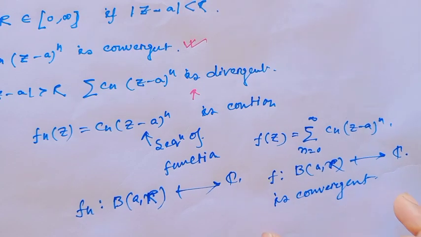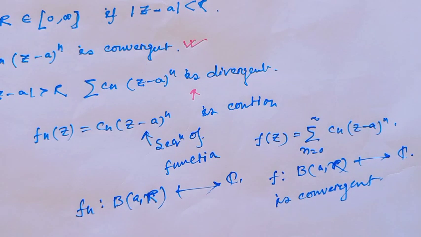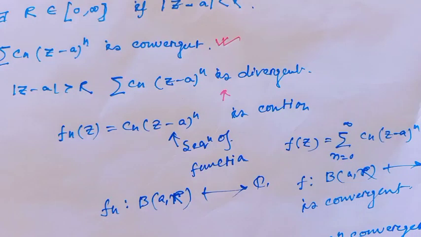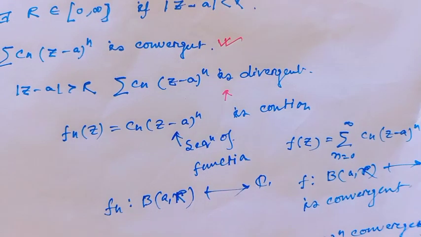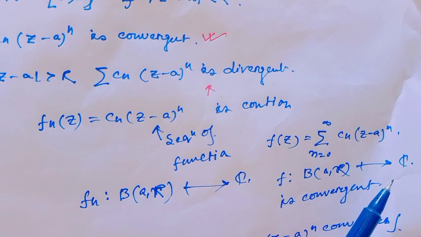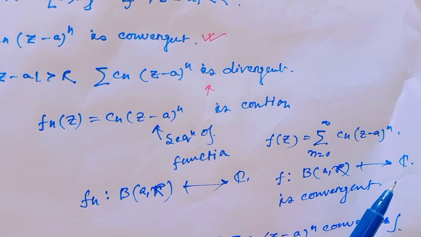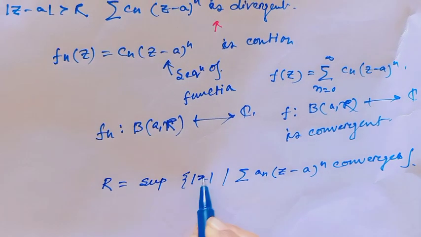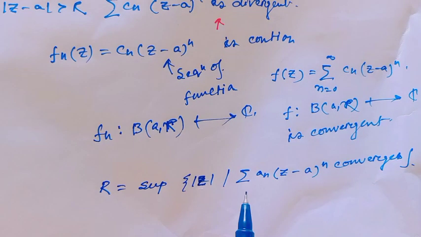In this region, since this power series is convergent, where R is the radius of convergence, this sequence of functions is convergent, because in this region I get one power series which is convergent. And for which values of z here is the series convergent?